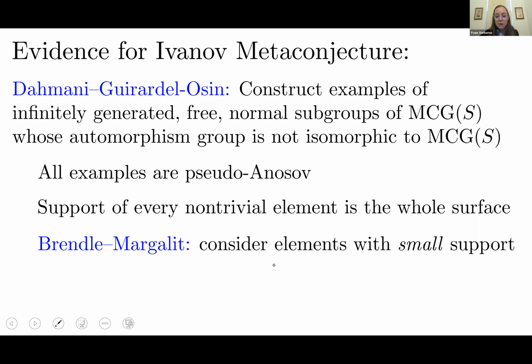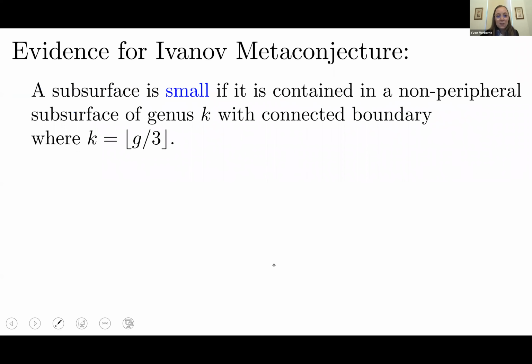In work by Brendle and Margalit, what they did is consider elements with small support. We say that a subsurface is small if it is contained in a non-peripheral subsurface of genus K with connected boundary, where the genus is bounded by the genus of the surface over 3.